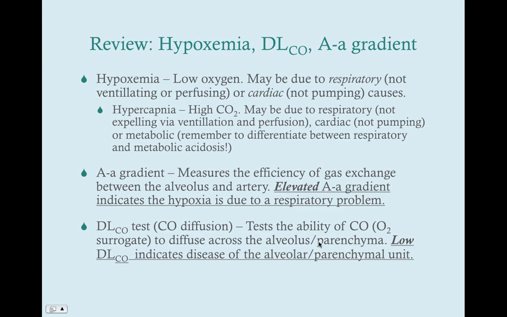And that is focusing on whether it's a tissue disorder. So a low DLCO indicates a low diffusion capacity, indicates a disease of the alveolar parenchymal unit. So alveolar if it's COPD, parenchymal if it's usually a restrictive or a lung tissue disease.